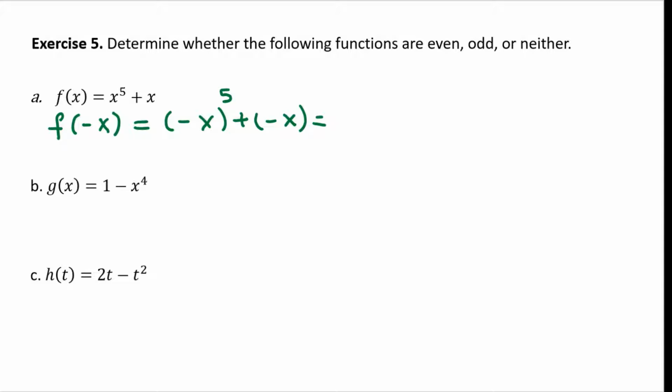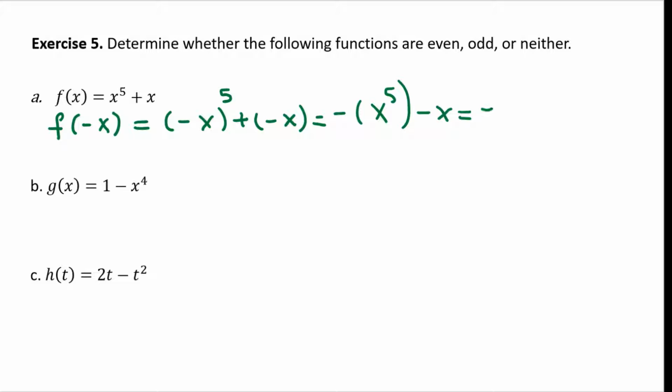Let's do some algebraic simplification. Negative x to the fifth means negative x times negative x times negative x times negative x times negative x. Yes, 5 times. So this can also just as well be written as the negative of x to the fifth. And for the plus negative x, write it as negative x. Let's factor out a negative from each of those terms.